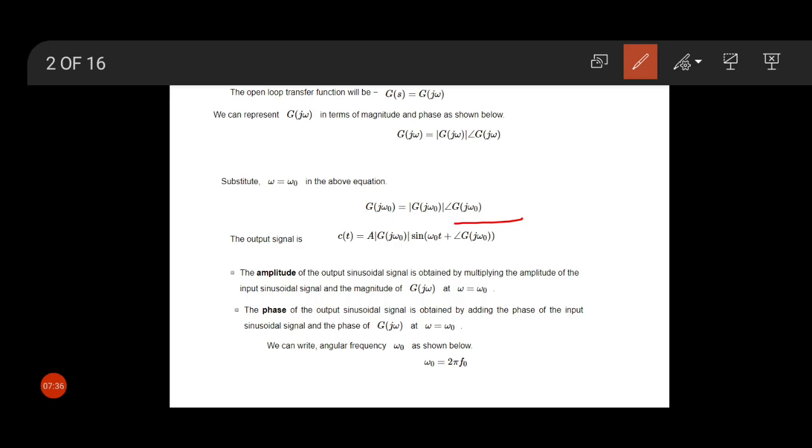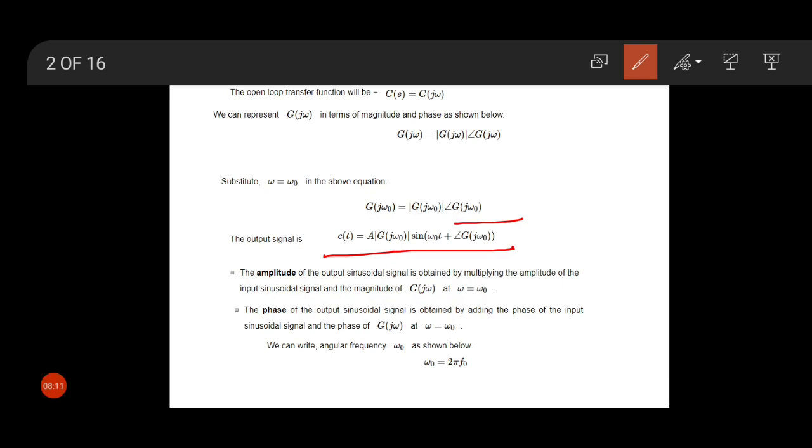So according to the transfer function, the output signal is c(t) equals A times the magnitude of G(j omega 0) times sin(omega 0 t plus the angle of G(j omega 0)).